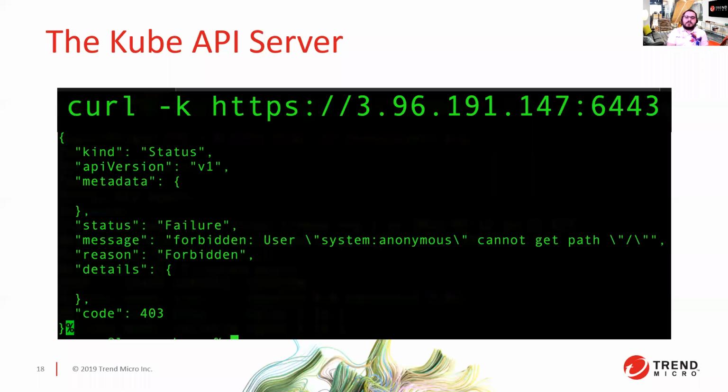If I just make a curl request here to my API server, I get this response. Although that gives me a 403 Forbidden, since I didn't pass any authentication tokens and don't have permissions, this already shows me that this is a Kubernetes cluster running there. So if someone can reach your cluster like that, that's already an issue.